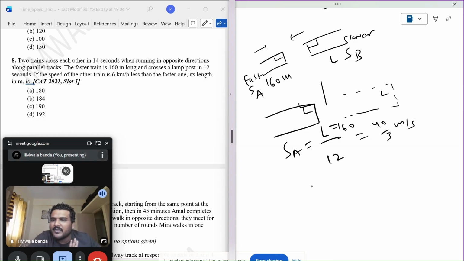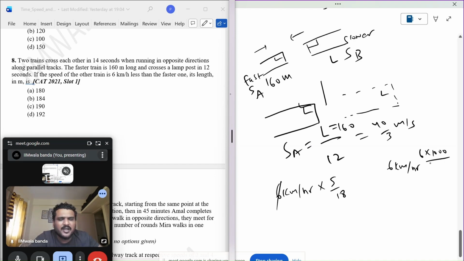The speed of the other train is 6 kilometers per hour less than the faster one. So 6 kilometers per hour, let's convert it into meters per second. We know that we just multiply by 5 by 18. I hope this is common. So basically this is 1000 meters and this is this much seconds, so this becomes 5 by 18. You should learn that any kilometer per hour to be converted into meter per second, multiply by 5 by 18.